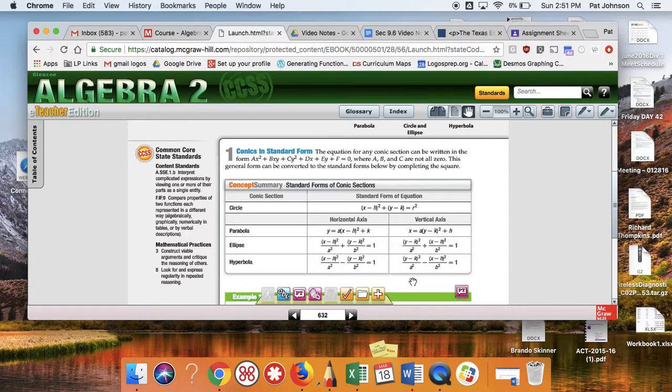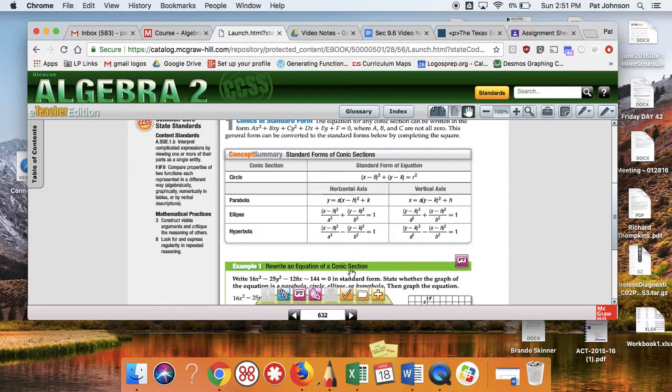But you still have to have the right form, because remember we have a minus here and order matters. So keep that in mind, that A is always bigger in the ellipse, so if it's under the x, it's a horizontal. If A is under the y, then it's a vertical. Here, A is not necessarily the bigger of the two, so we can't look at it that way.